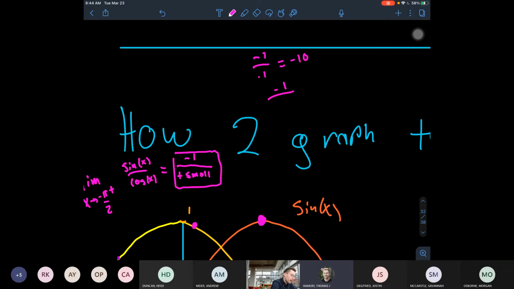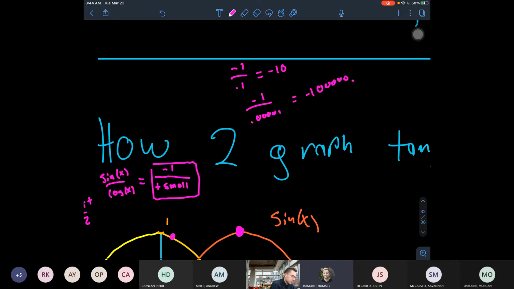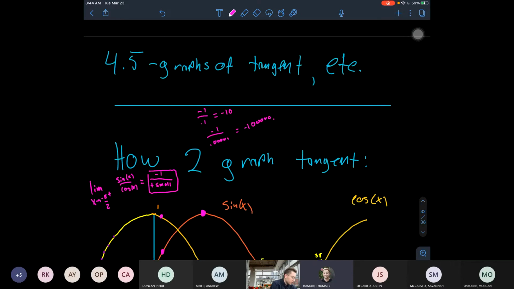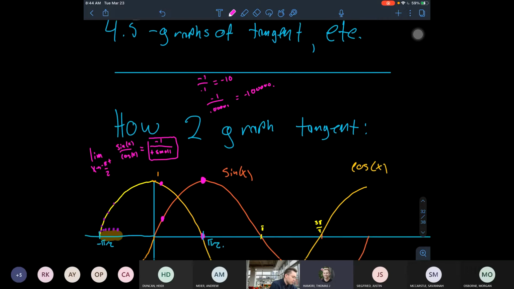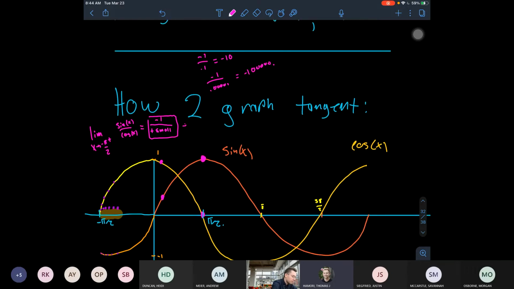Or if I do -1 and I divide by 0.00001, I'll get something like -10000, or something like that. Okay, so we can see that what's happening is as we divide by a smaller and smaller and smaller positive number, then the value of this limit is going to -infinity.